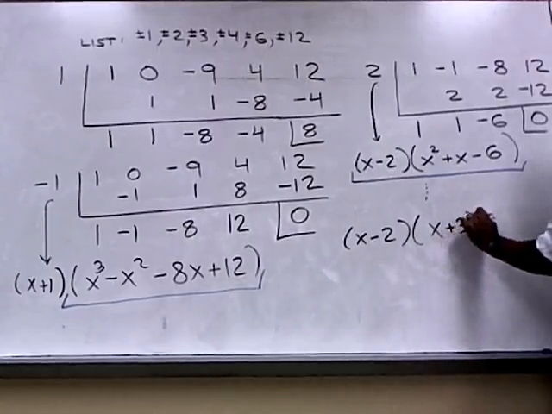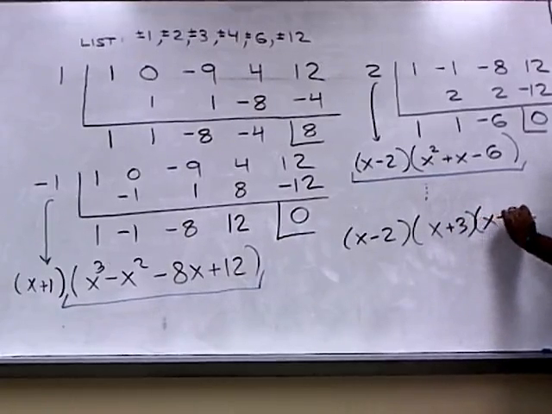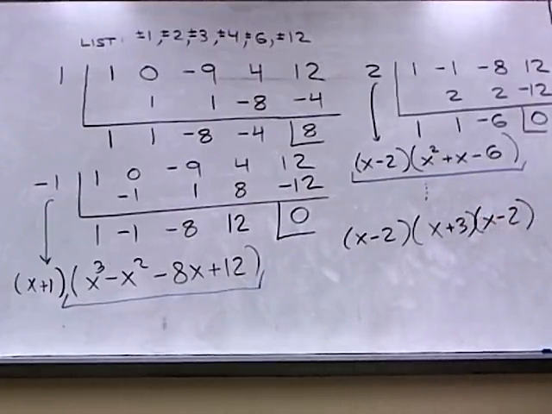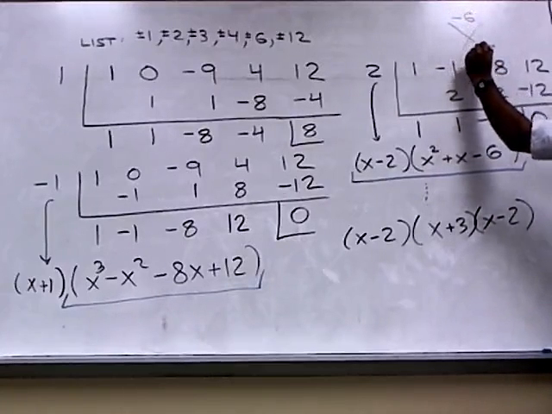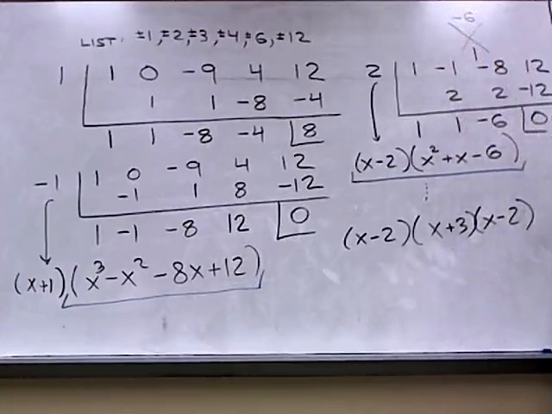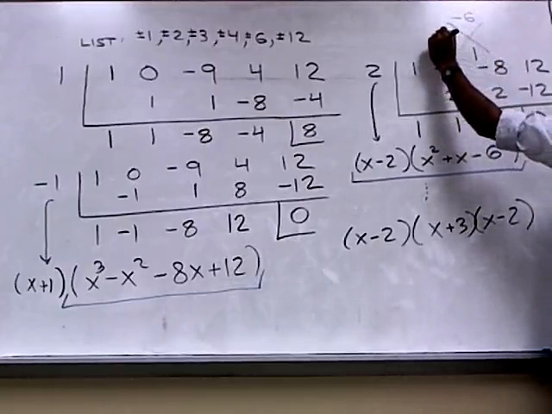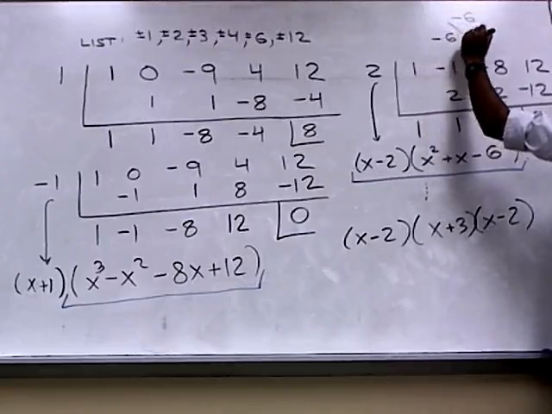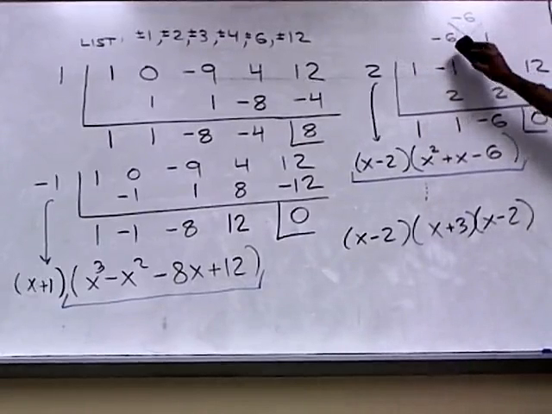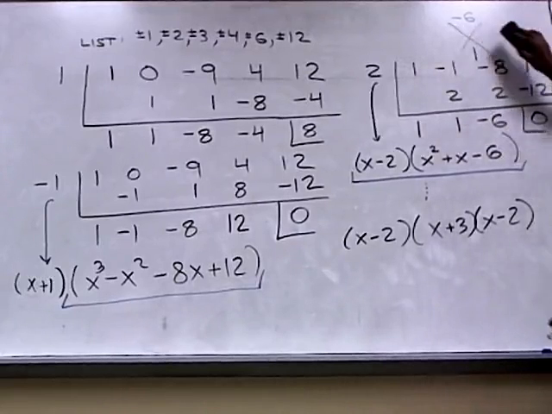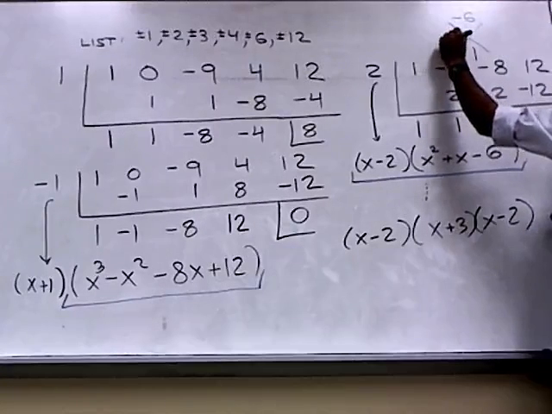Plus 3, minus 2. If you did AC method, you're trying to get negative 6 and positive 1. If you try negative 6 and positive 1, that doesn't add up to be 1. The only thing that'll work, if you mess around with the numbers a bit, is 3 and negative 2.